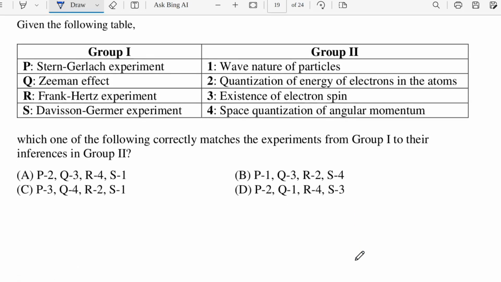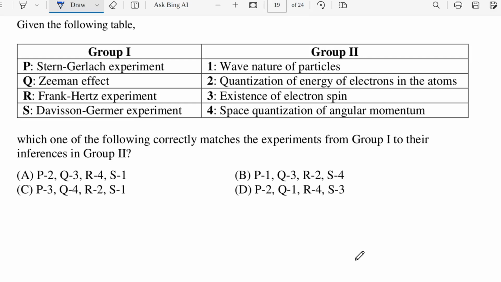I have given here some description about these experiments, like what will be the output of that experiment. Basically you don't need to know all the details of the experiment, like all the experimental procedure and everything that happens inside of it, because there are so many experiments in quantum mechanics.